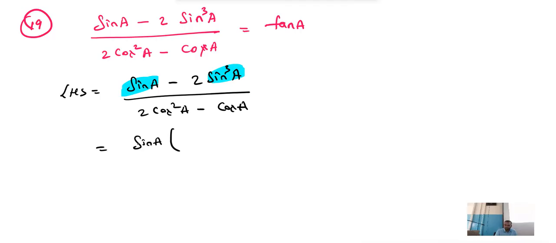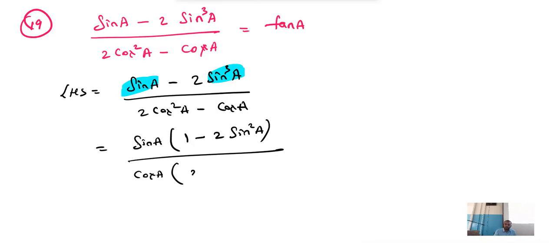Sin A into 1 is sin A, minus 2 sin square A, because one time sin is out. In sin cube A, one time sin is out, so sin square A is left out. Divided by, again here, cos A common, 2 cos A minus 1, because cos A into 1 is cos A.